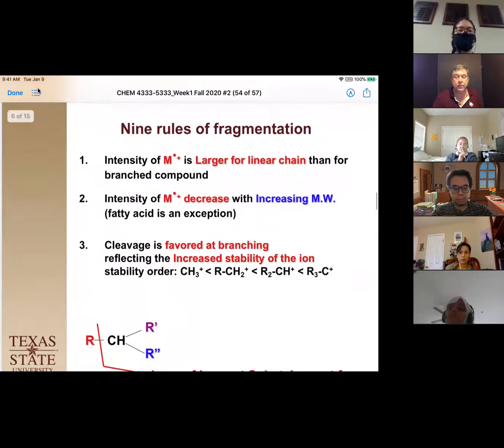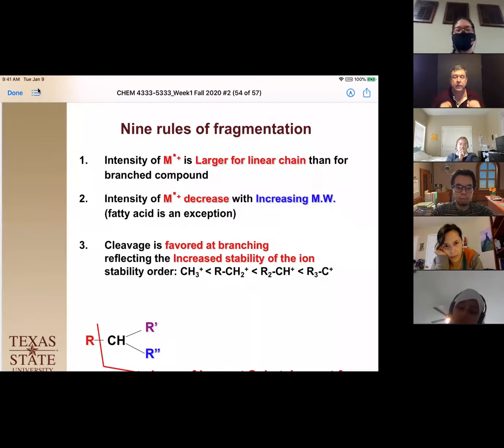Okay, so now we get to the next rules here. Now, these 9 rules of fragmentation are guidelines, okay? Are guidelines. And so on your first pass, when you first look at your mass spec, you'll say, oh, that's got a very intense molecular ion peak, right?